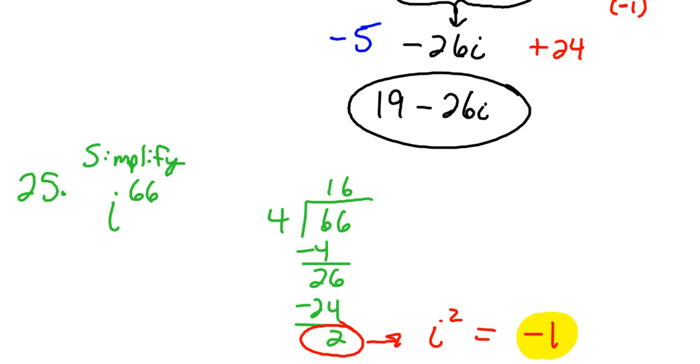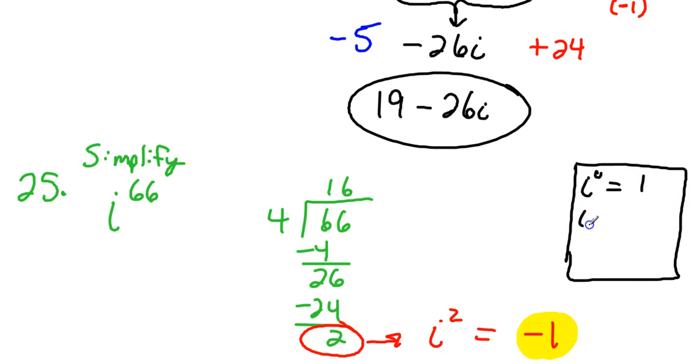That's the list that we had in the little chart. If it's I to the 0 power, that was 1. I to the first power was I. I squared was negative 1. And then I to the third was negative I. So these basically are your answer choices.